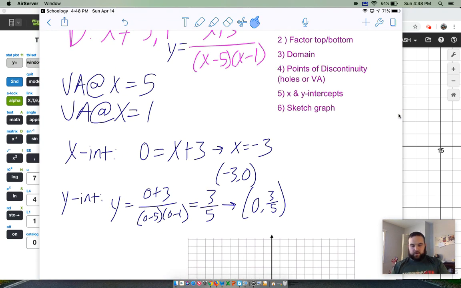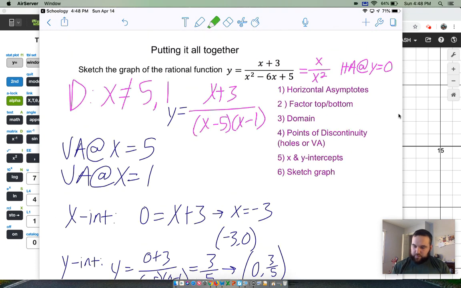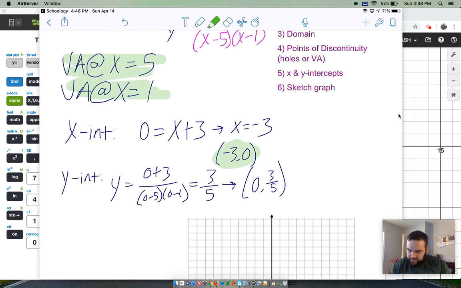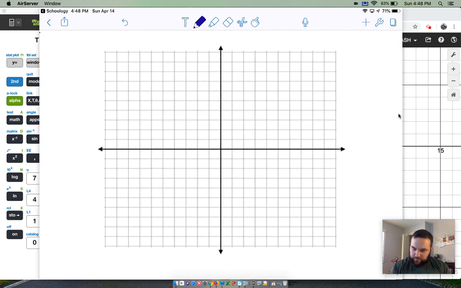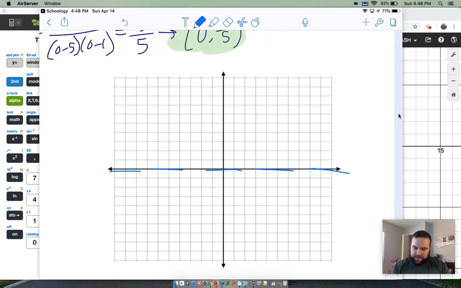Okay. So again, I'm going to use the 3 asymptotes, and then I'm also going to use these 2 coordinates to give me as much of the sketch as I can without the calculator, and the rest of it I'll just use the calculator to do. So a horizontal asymptote at y equals 0. Vertical asymptotes were at 5 and 1.